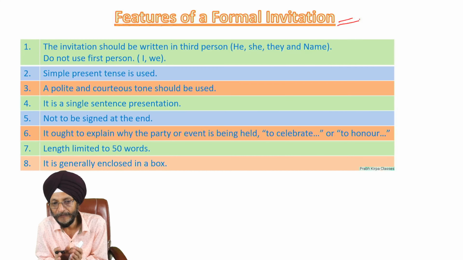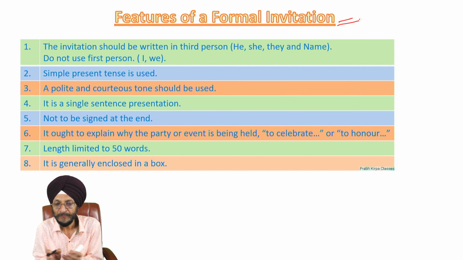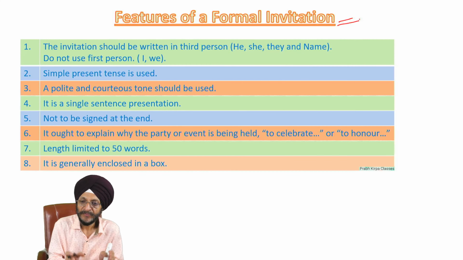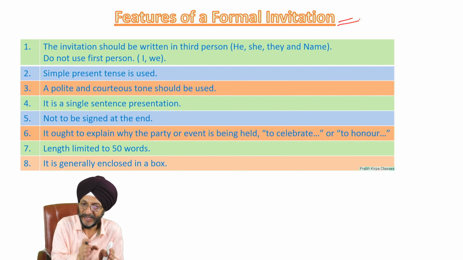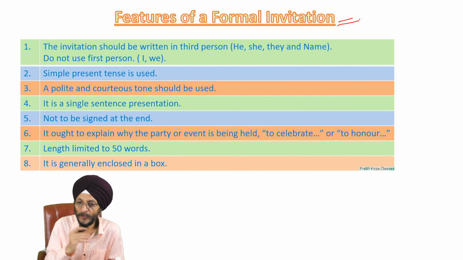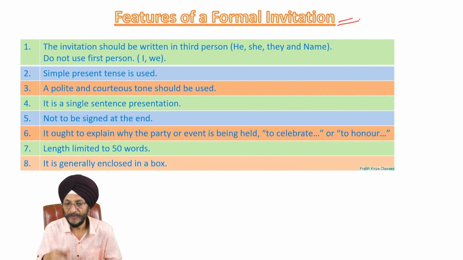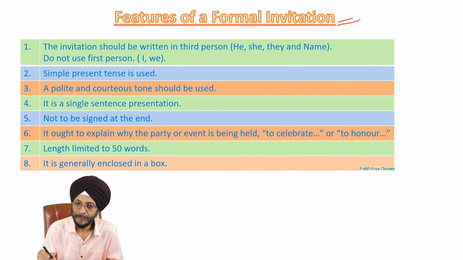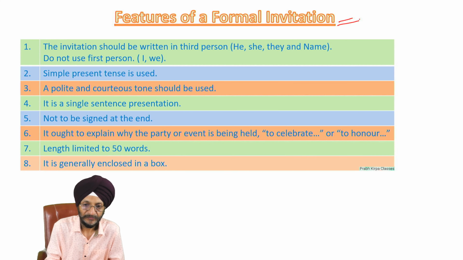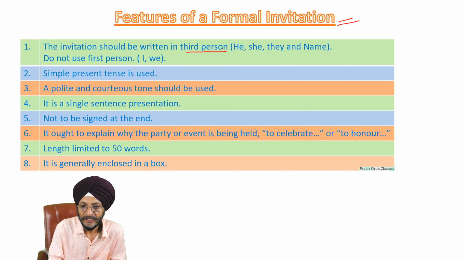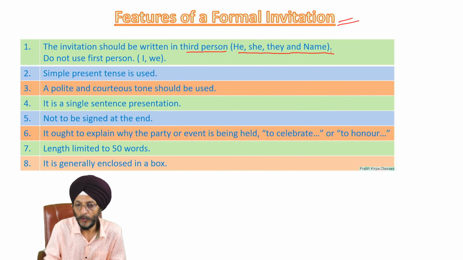So far we have read what a formal invitation is: when we invite a large number of persons to attend a function, and also in the shape of a letter when we want to invite a chief guest or VIP for a specific function. Features of formal invitation: the invitation should be written in third person, he, she, they, or by name.